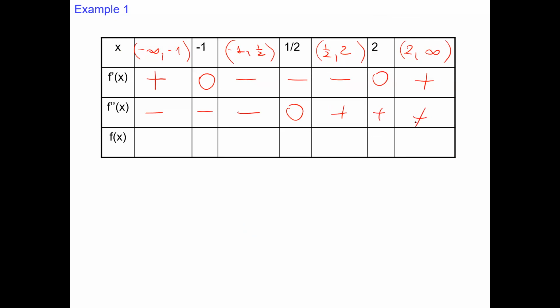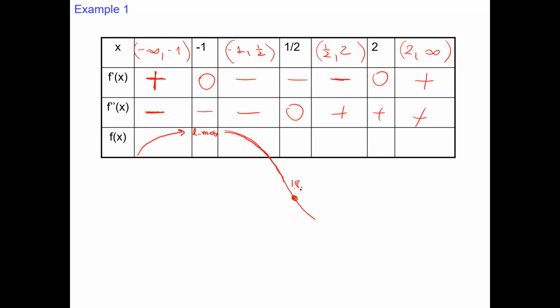Okay, and now how the function behaves. The first derivative is positive, and the second derivative is negative. This means that the function is increasing but concave down, and then is attaining a local maximum, and then again is decreasing, concave down, and at some point it's still decreasing.